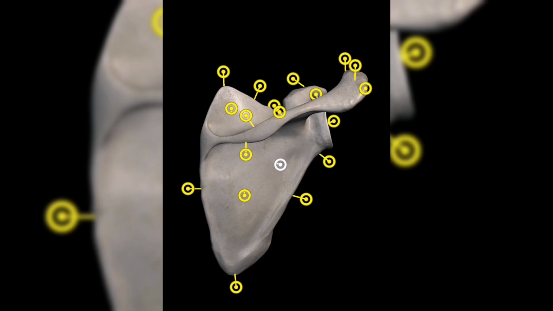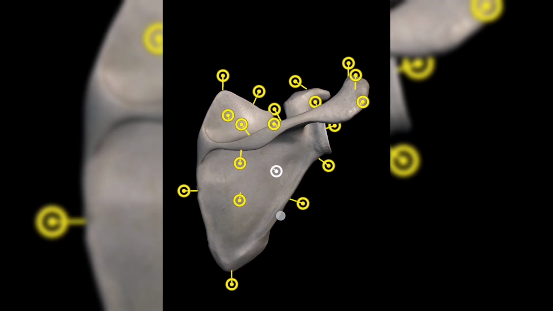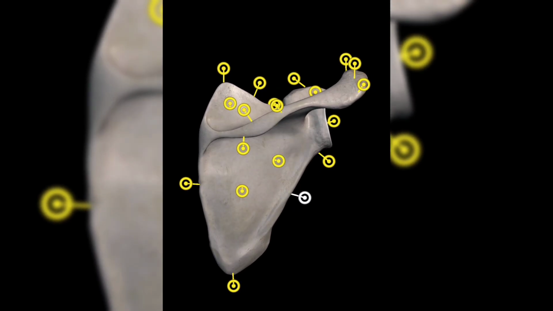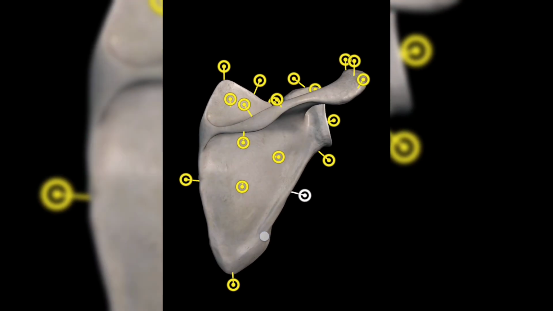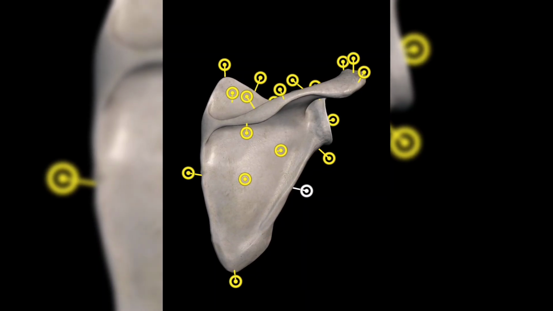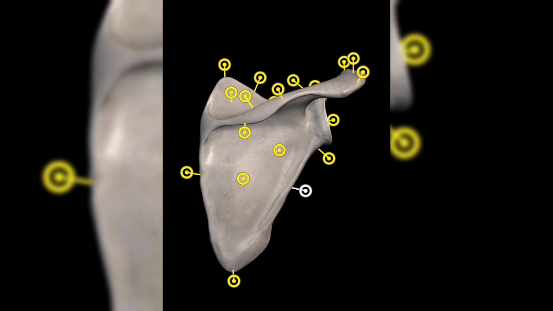The teres minor muscle arises from the upper 2/3 of the dorsal surface of the lateral border. The teres major muscle arises from the lower 1/3 of lateral border and inferior angle of scapula. The latissimus dorsi muscle also arises from the dorsal surface of the inferior angle by a small slip.